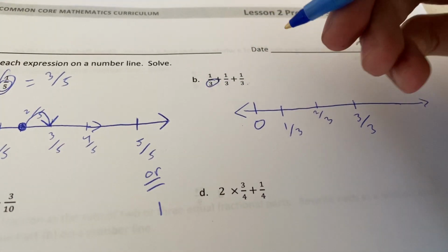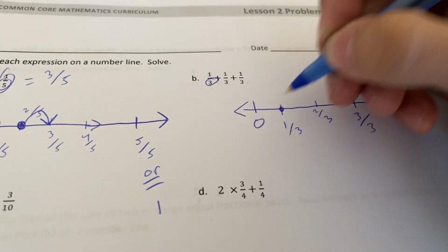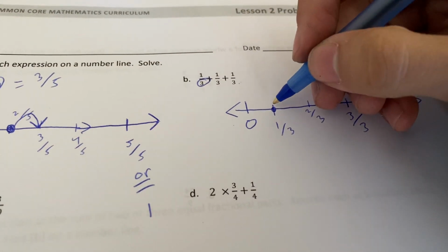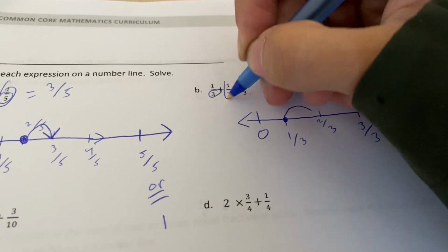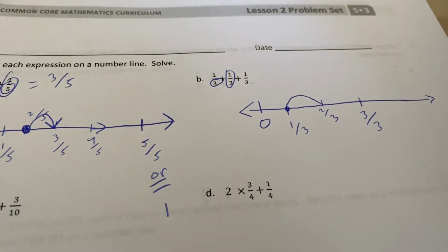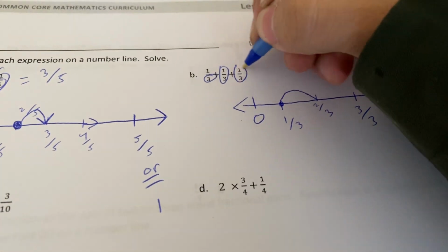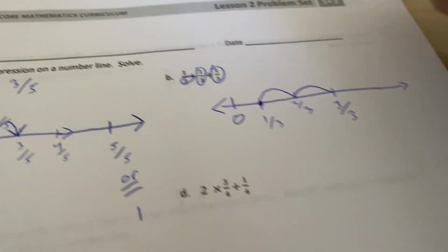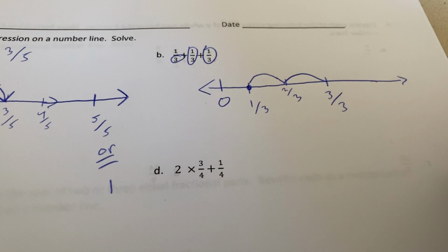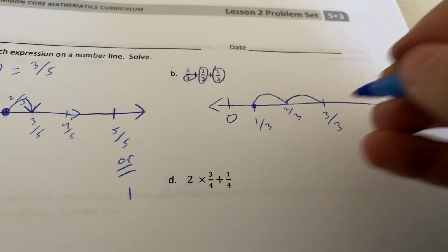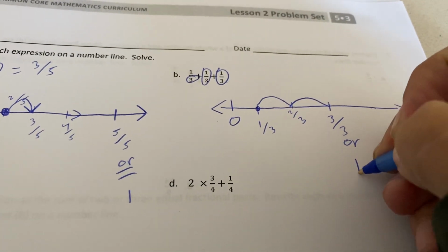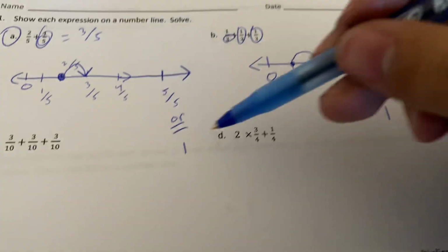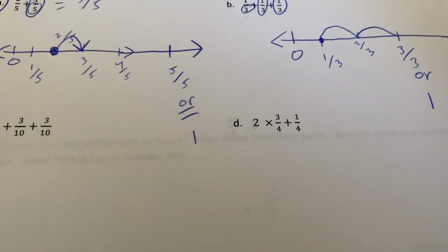We're starting off where? At 1/3. And then we're adding 1/3, right? We land here. And then we're adding another 1/3. So we make another jump. And where do we land? 3/3. Or what? 1. Exactly.